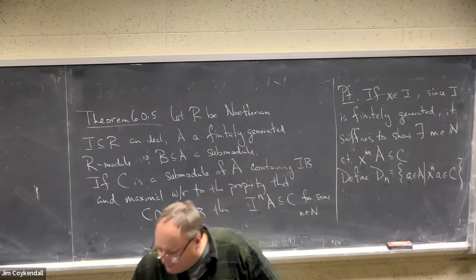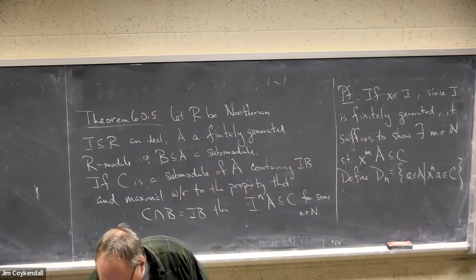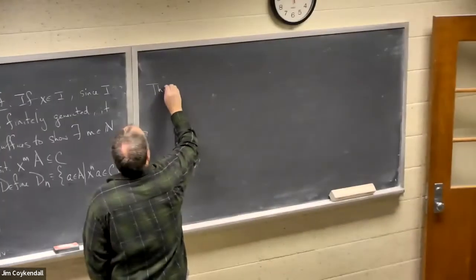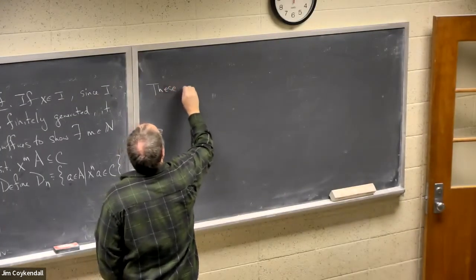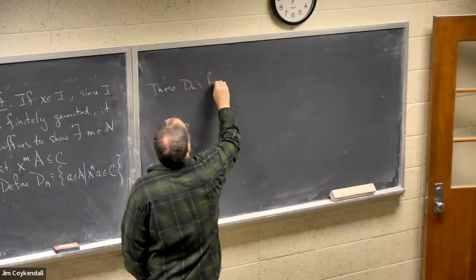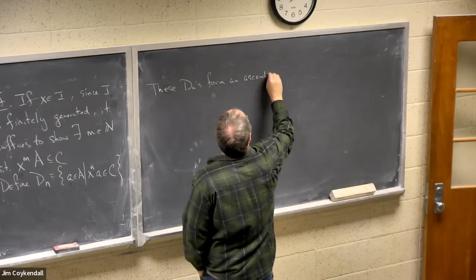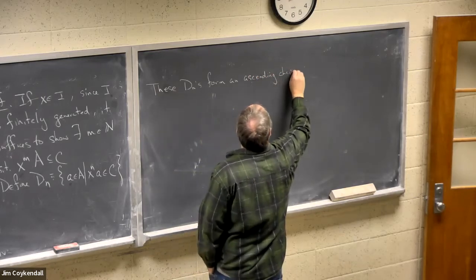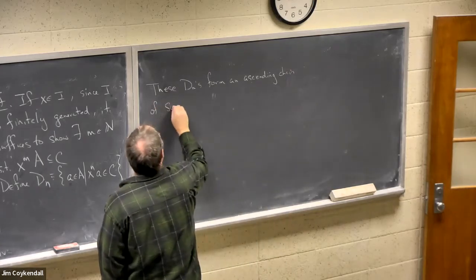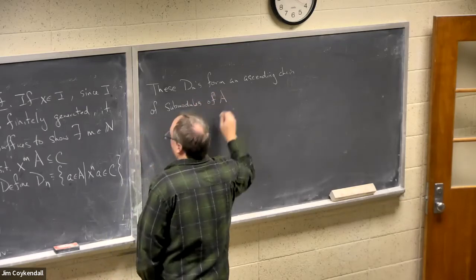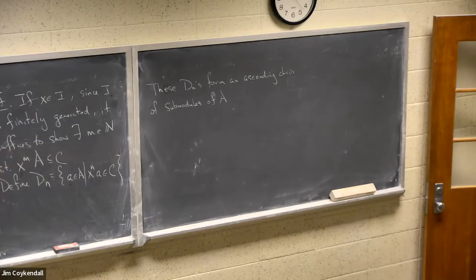And so what we have here is an ascending chain of modules. Well, we see these D_n form an ascending chain of submodules of A, a finitely generated R-module.